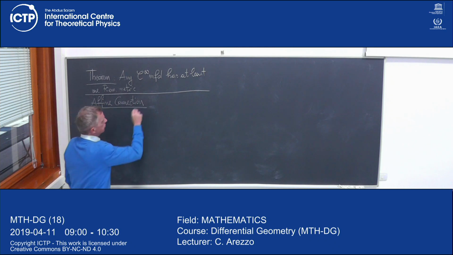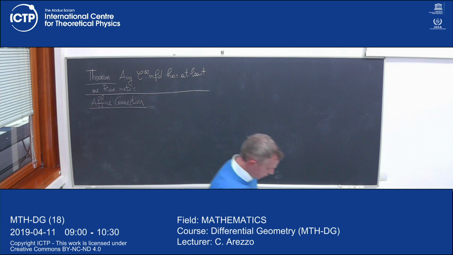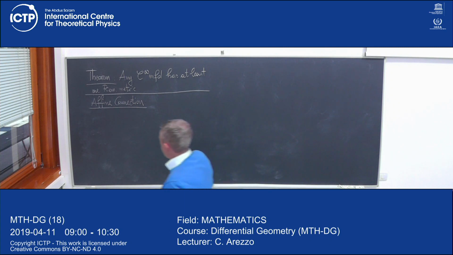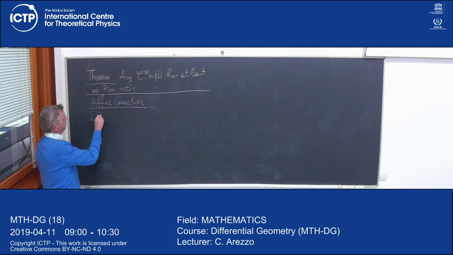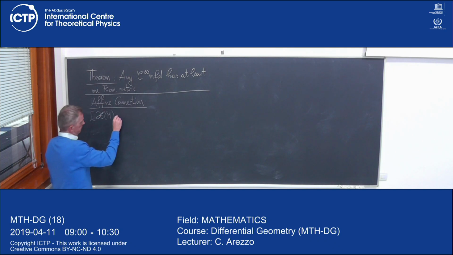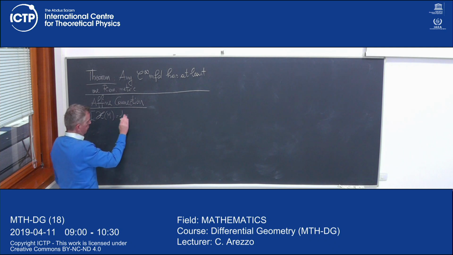So it's convenient to have a symbol for the space of vector fields. Let me call it X(M), the space of smooth vector fields.